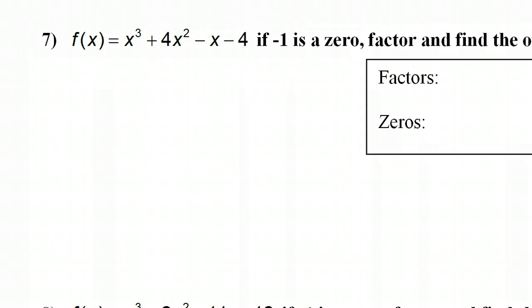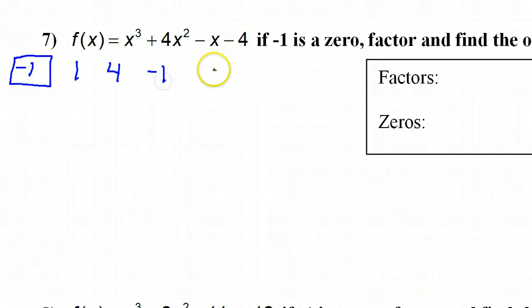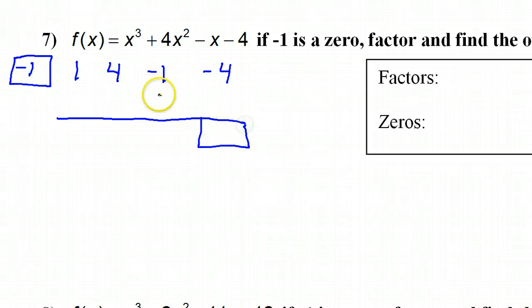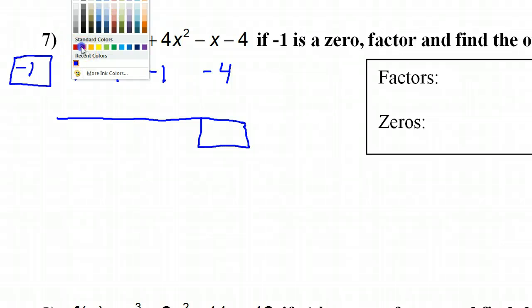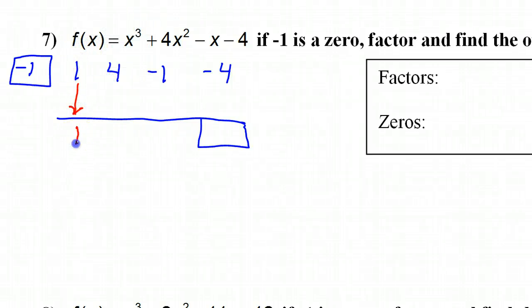For number 7, they give us a 0 of negative 1. So negative 1, and then let's see, the coefficients are 1, 4, negative 1, negative 4. Okay. Bring down the 1. 1 times negative 1 is negative 1. Together, this makes 3. 3 times negative 1 is negative 3.